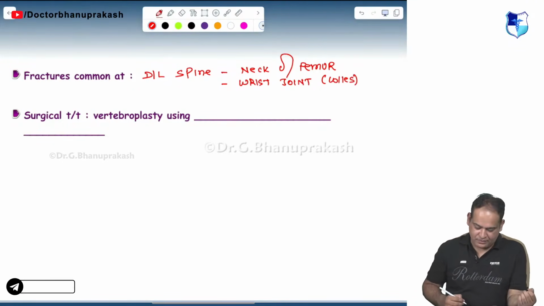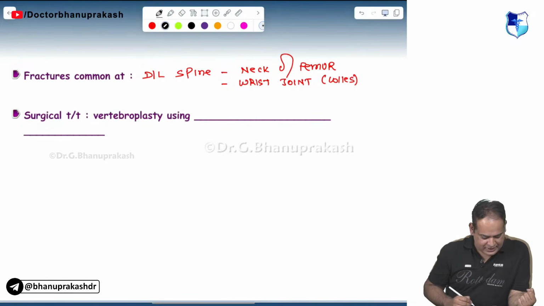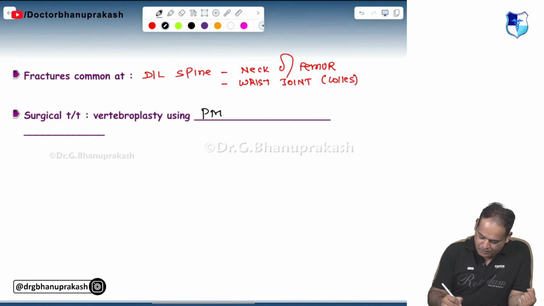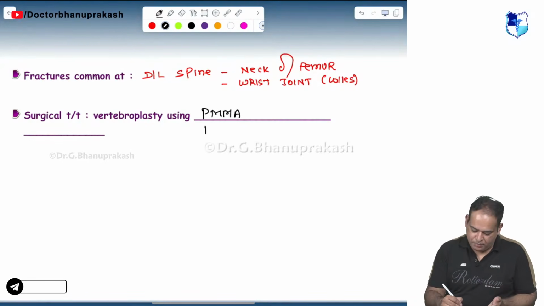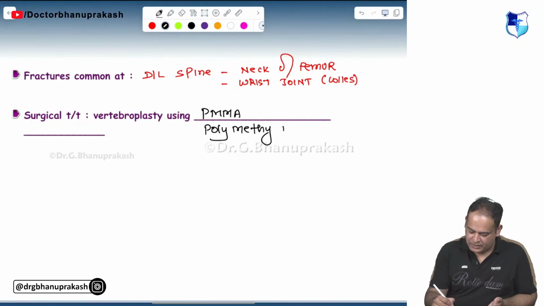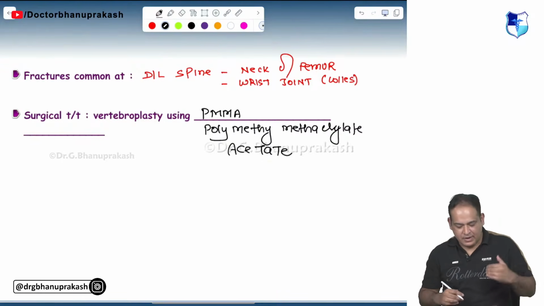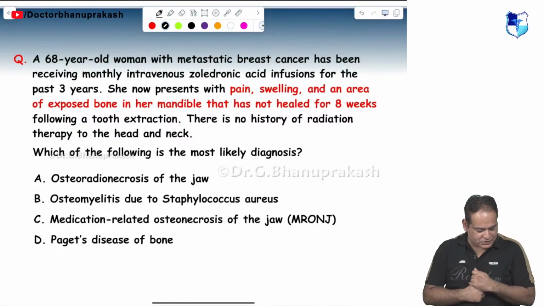Colles fracture, right? Now, surgical treatment is vertebroplasty, fine. So, PMMA, bone cement, polymethyl methacrylate, right? Now, please answer this question.